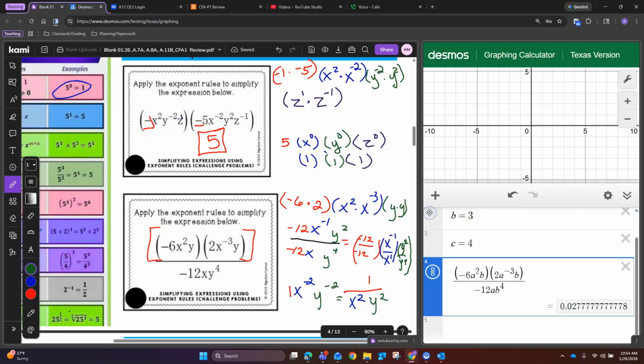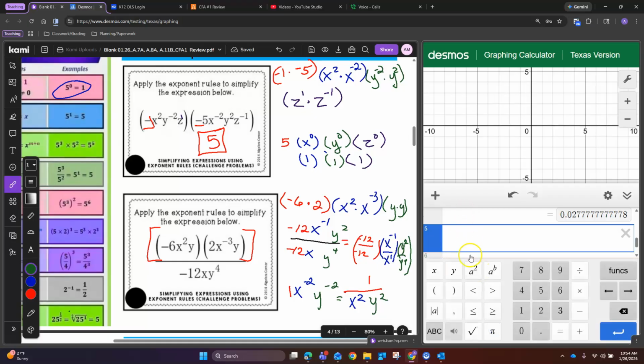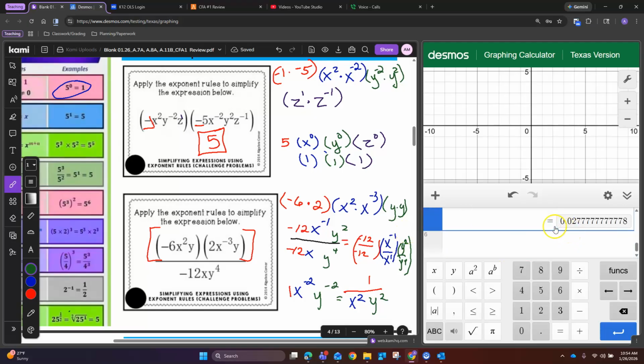It doesn't really matter. We can say 1 over 36, right? And then we can test our answer by making sure that what we got matches. So it's not x, a, b squared. And then what I got was the same answer, all right?